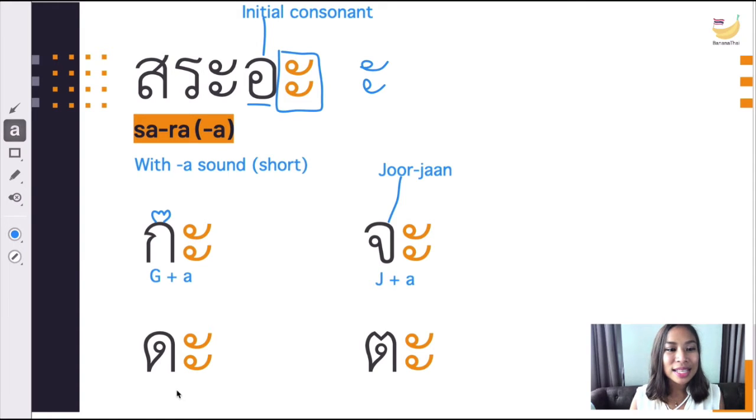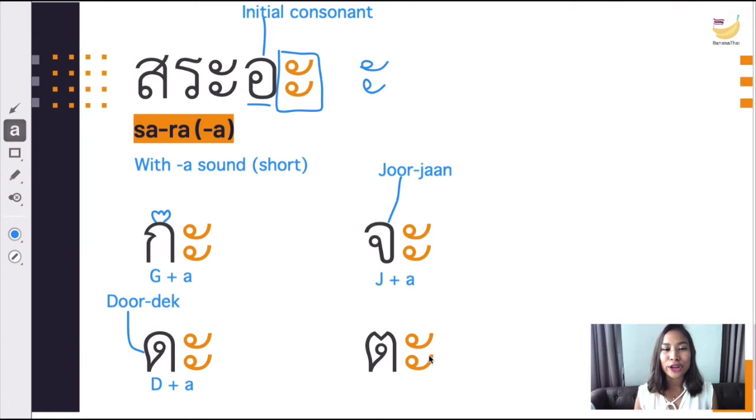Next one ค่ะ, what is this one? Remember? This one is what? A child. ดอเด็ก. So for ดอเด็ก, the initial consonant sound is D, right? D นะคะ, plus สระอะ, so together is ดะ.